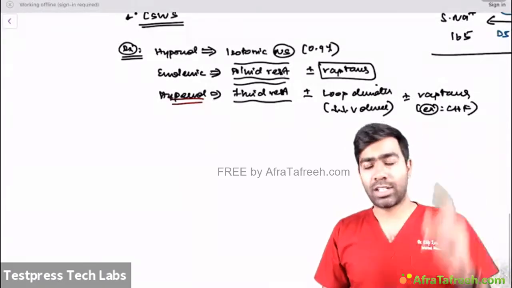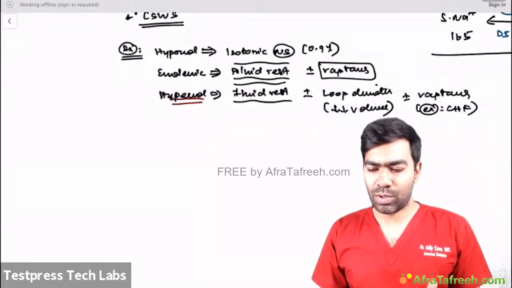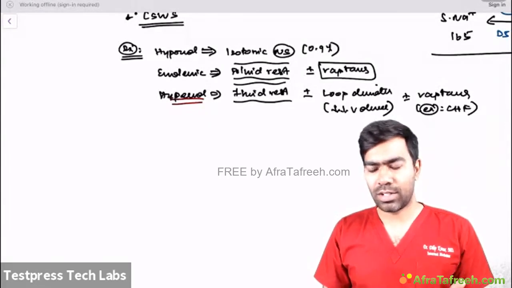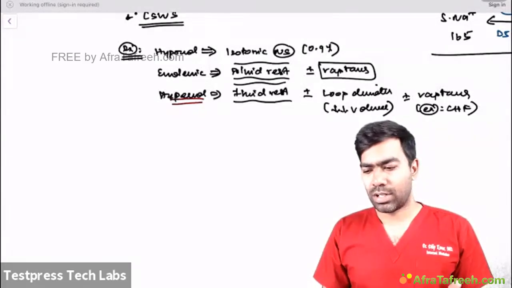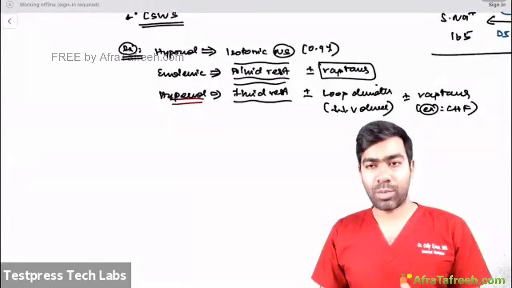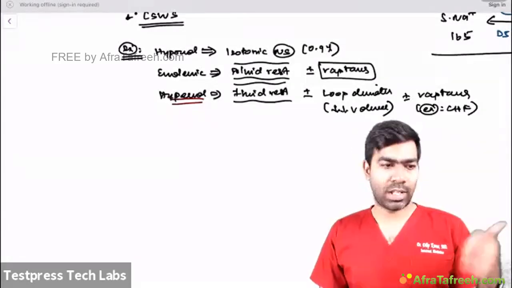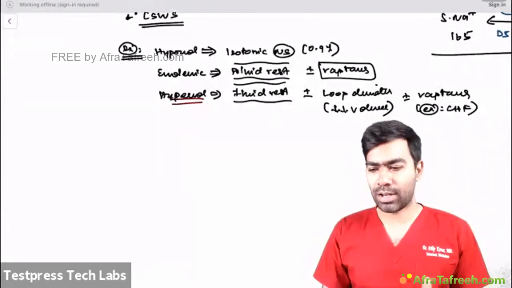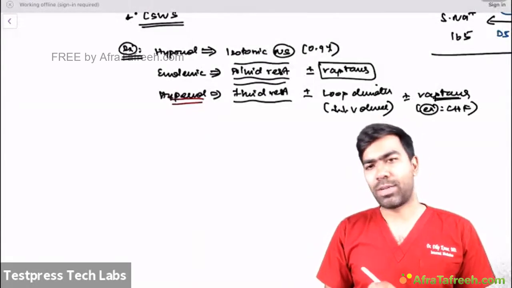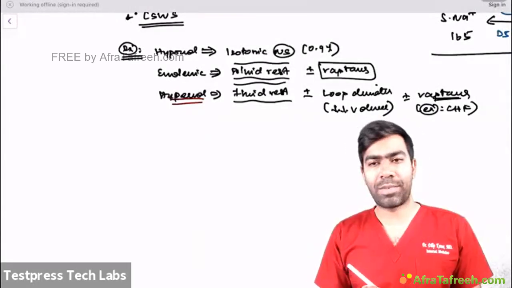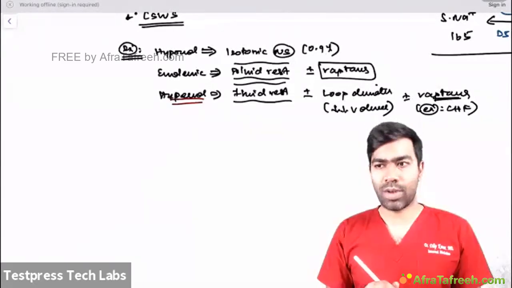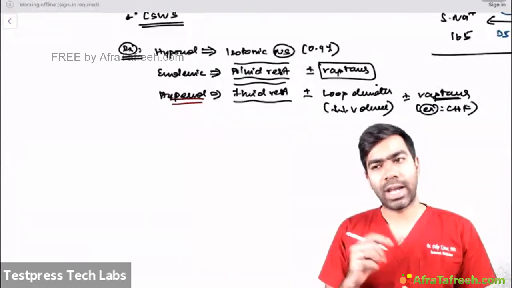In congestive cardiac failure, if you take in cardiology, I would have told, if you have a congestive heart failure, CHF, and if there is hyponatremia, then Vaptans are one of the options. I think you go back to the notes and see, I would have given it there. Vaptans can be used in CHF, but Vaptans cannot be used in cirrhosis because Vaptans are hepatotoxic. Tolvaptan, especially, a very commonly used drug, is a highly hepatotoxic drug.